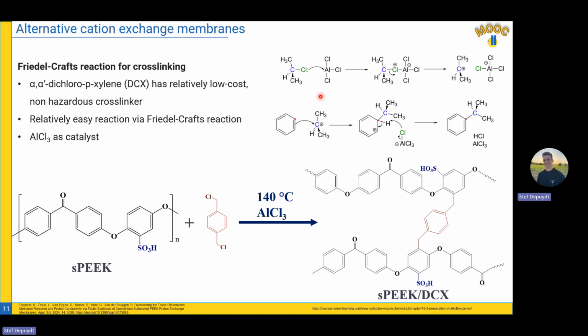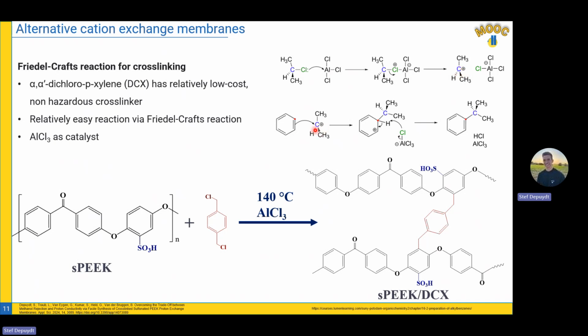We chose the catalyst aluminium chloride. Aluminium chloride is able to take a chloride ion off the cross-linker. Now, in this example, we have a different cross-linker just to show you how it works. So the aluminium chloride temporarily takes a chlorine from our cross-linker, which makes the cross-linker positively charged.